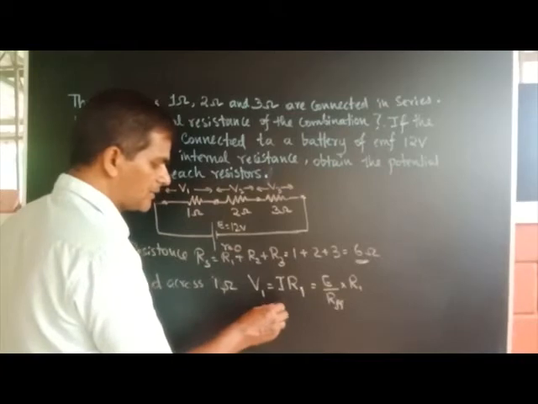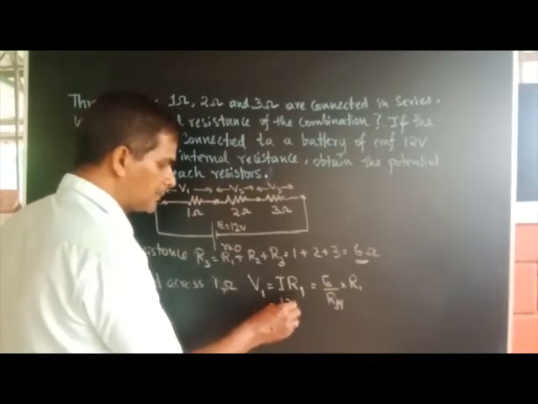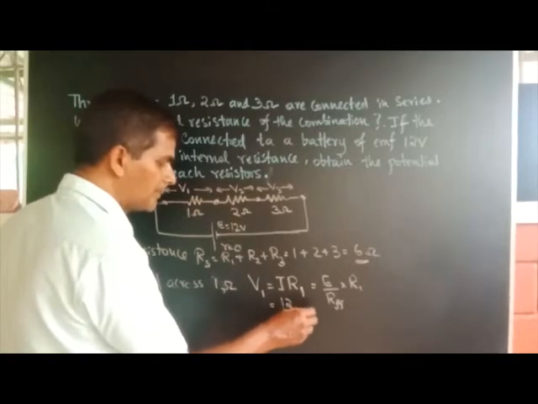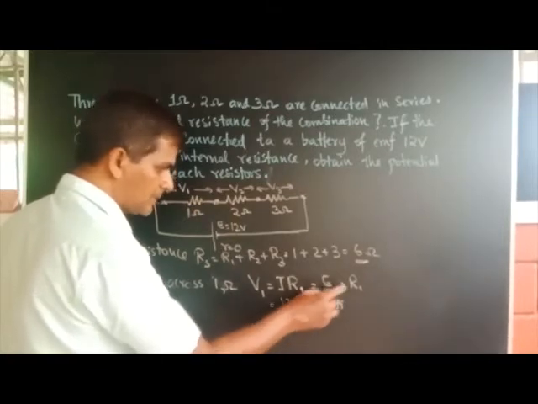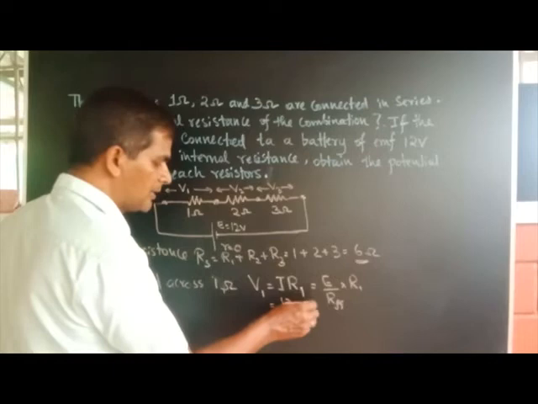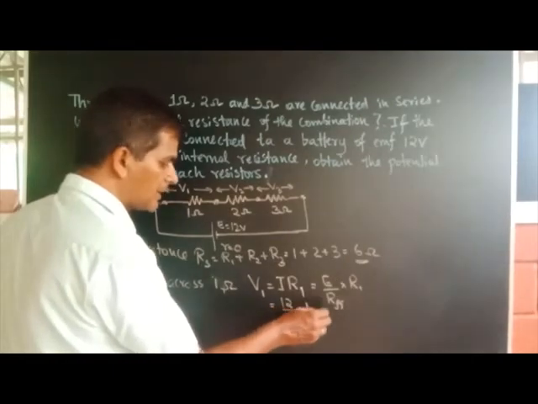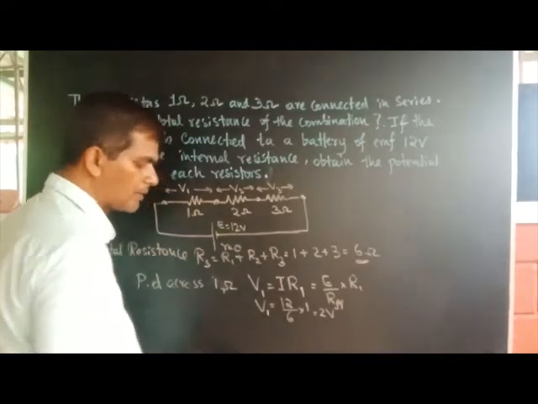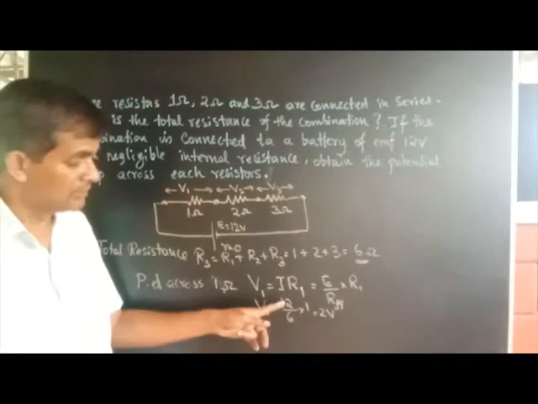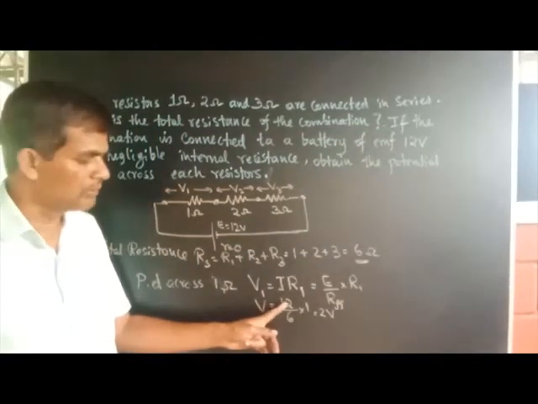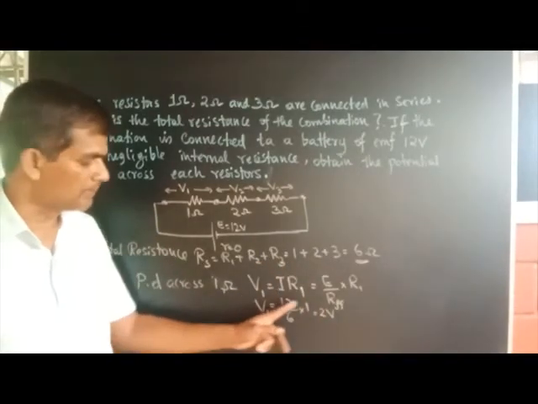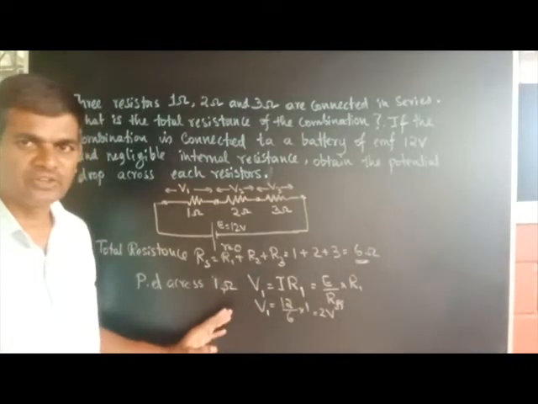Substituting here, EMF is 12, the effective resistance is 6, into this R1, which is 1 ohm, so you will get 2 volt. 12 divided by 6 is 2, 2 into 1 you will get 2 volt. That is the potential drop across the resistance R1.